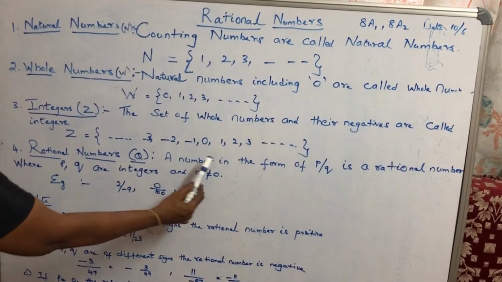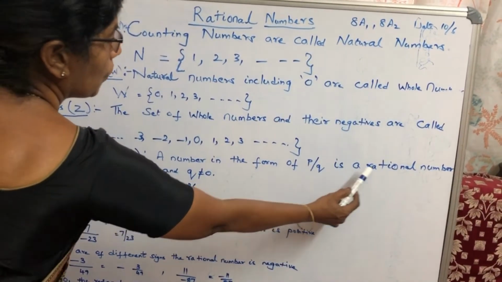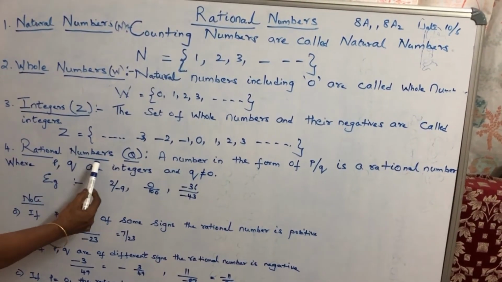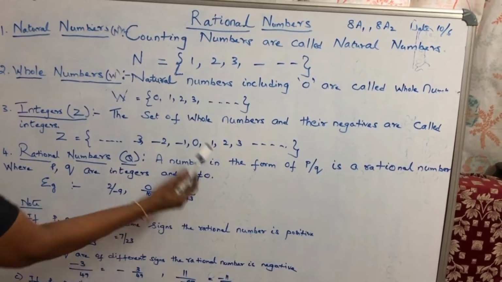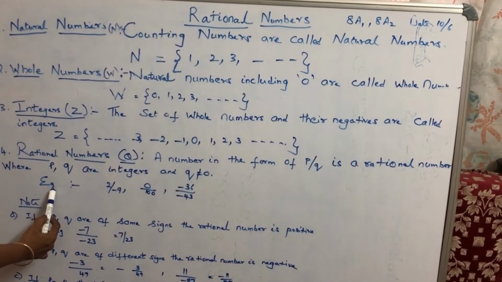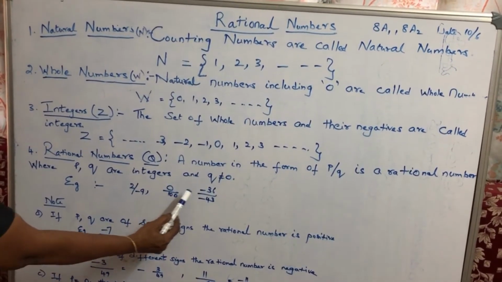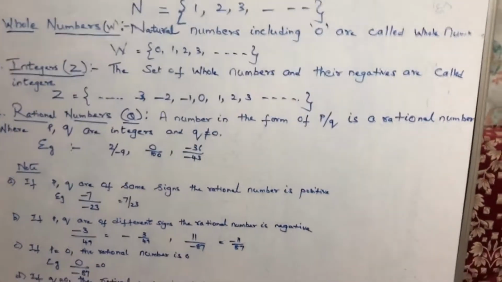A number in the form of p by q is a rational number where p, q are integers and q not equal to 0. You can see the examples here: 2 by -9, 0 by 100, -36 by -43.